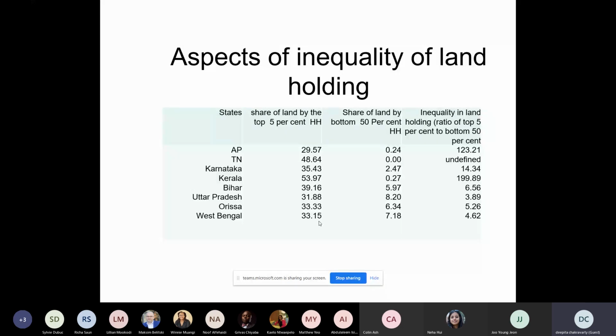And my findings, in fact, can substantiate this argument that the small holding peasantry was actually prevalent even before land reform. Land reform actually did not do much in that regard, to be very frank, from that perspective. Thank you for your patience, and I'll be very happy if there are questions.